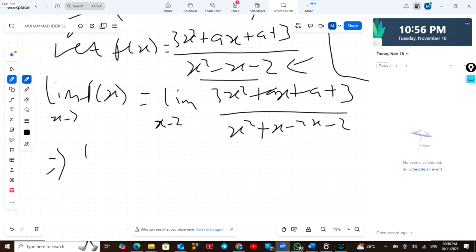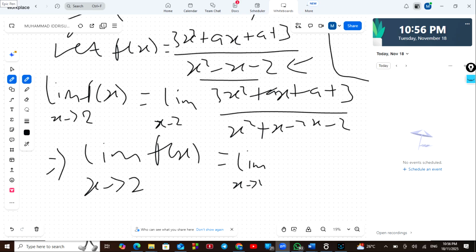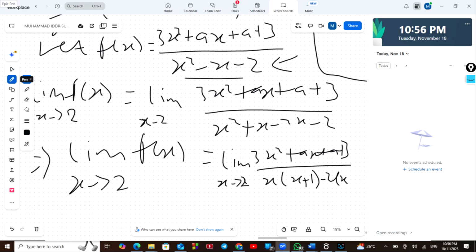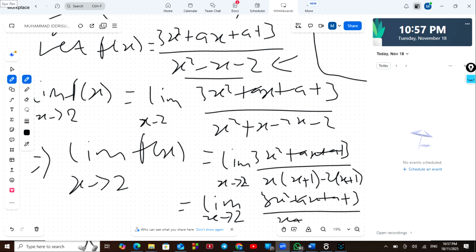So this is x times x minus 2, plus 1 times x minus 2, which leads us to the limit as x approaches 2 of 3x squared plus ax plus a plus 3 all over x plus 1 multiplying x minus 2.